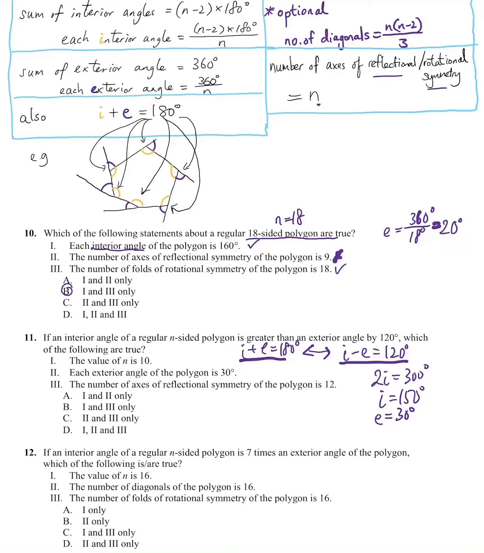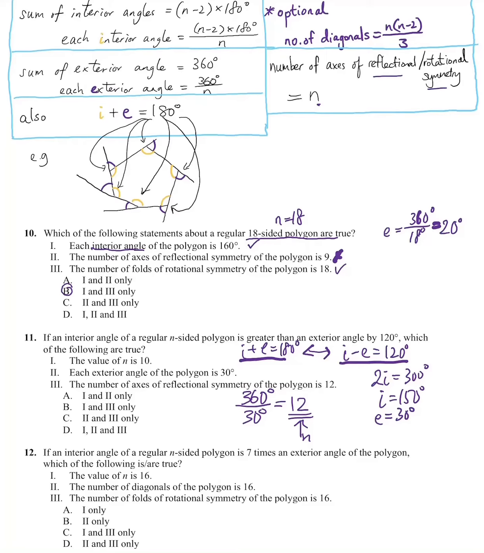And if the exterior angle is 30, again using the formula, 360 divided by 30, because there's 30 degrees for each exterior angle, you know it's 12. That's the number of sides we have. That's the value of n.